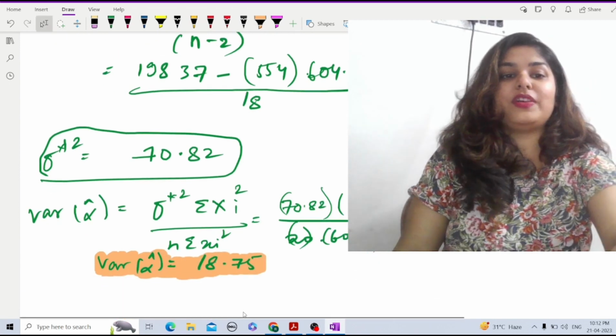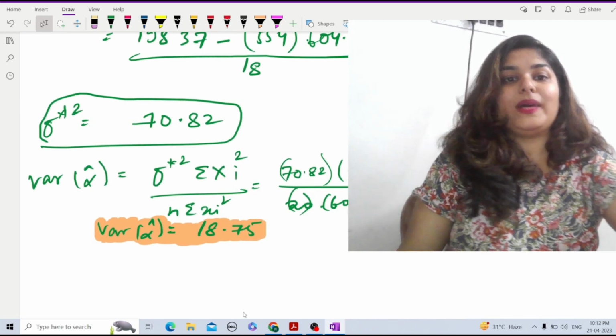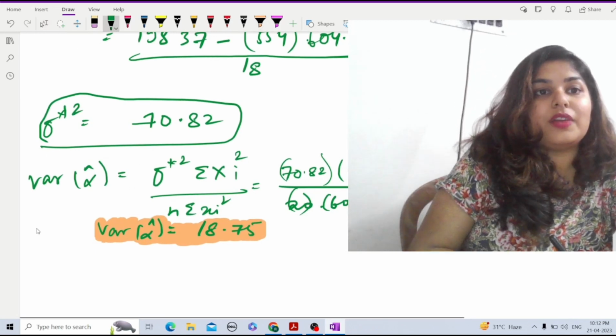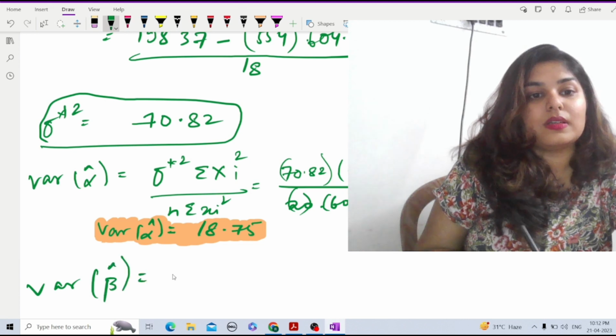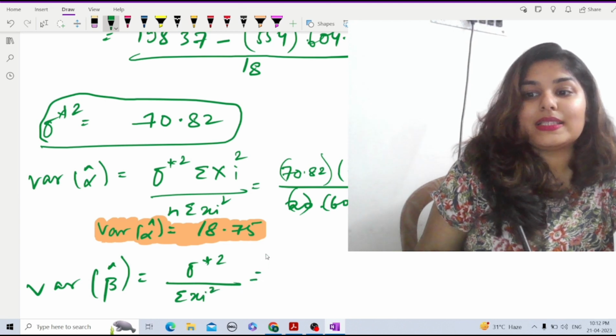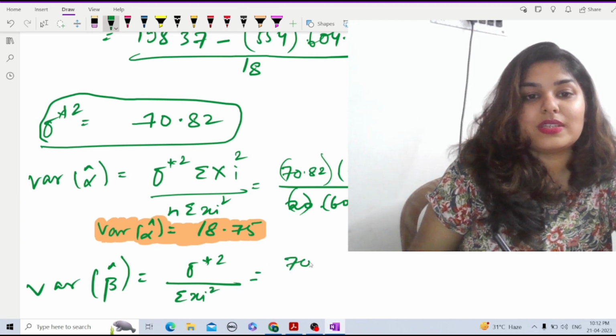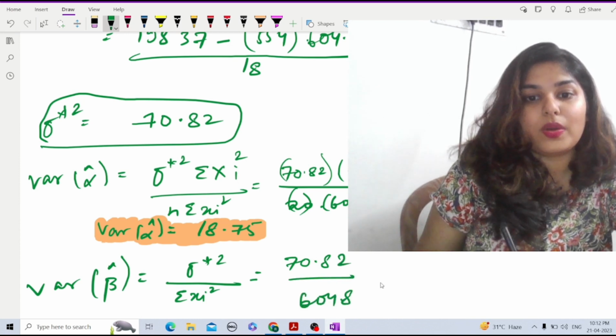So this is variance of alpha. Now by the formula of variance of beta hat, we have sigma star square by summation small xi square, that is equals to 70.82 divided by 604.8.